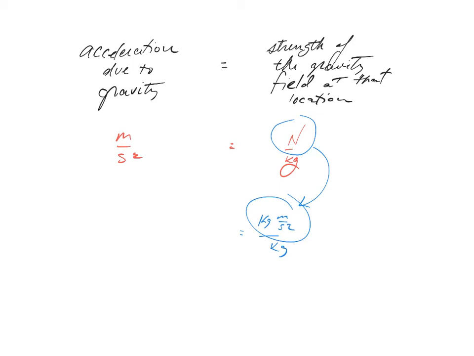So I'm just trying to show you that the units are equivalent. The units for acceleration are the same, equivalent, as the units for gravity field strength. Are they the same exact thing? No. And again, we don't know why.